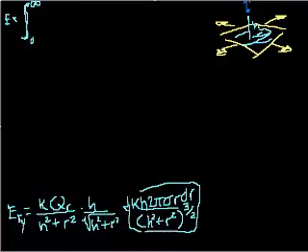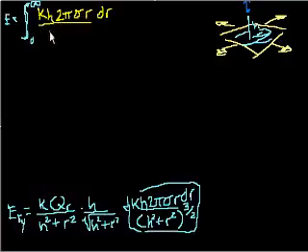So let me do it in a different color. This light blue is getting a little monotonous. k h 2 pi sigma r dr over h squared plus r squared to the 3/2. Now let's simplify this a little bit.